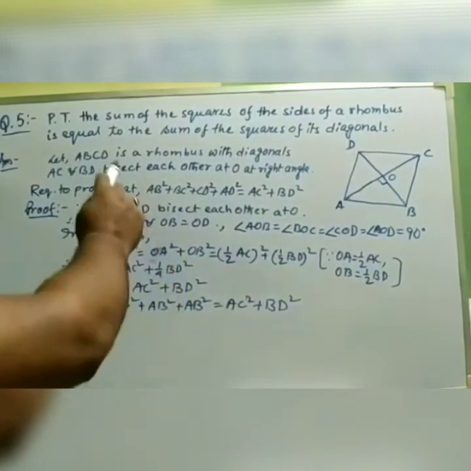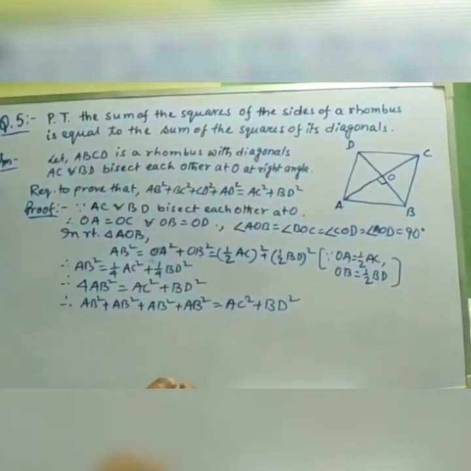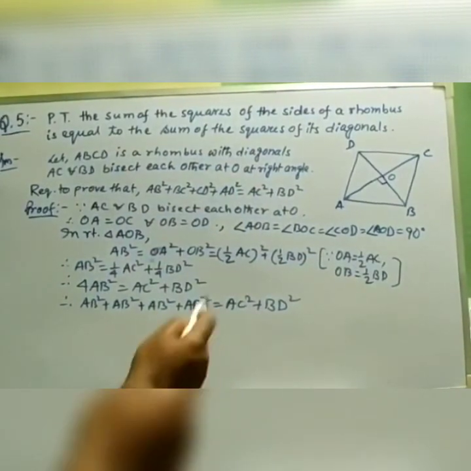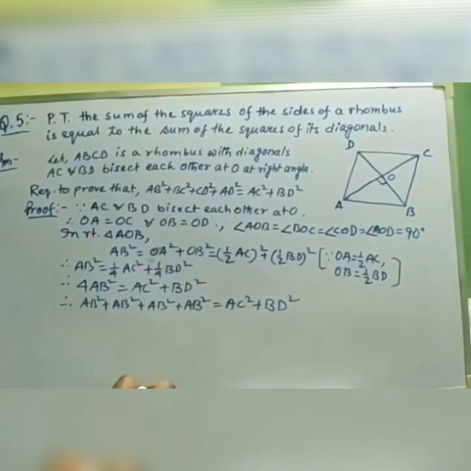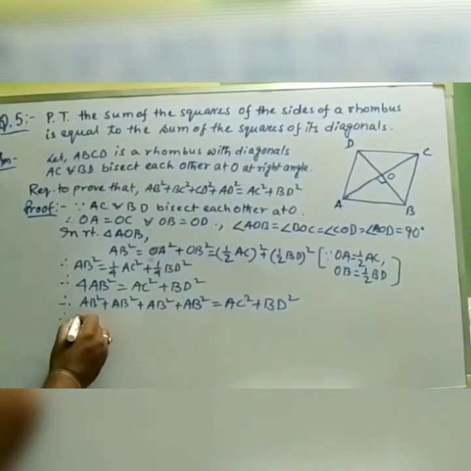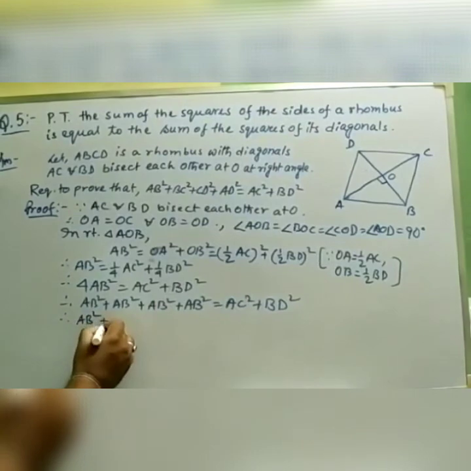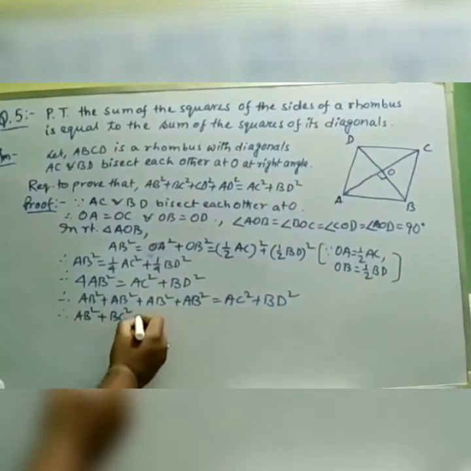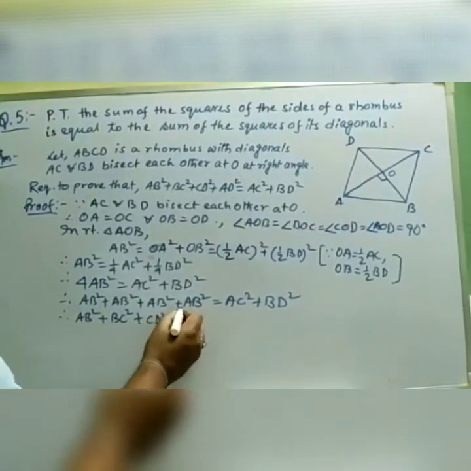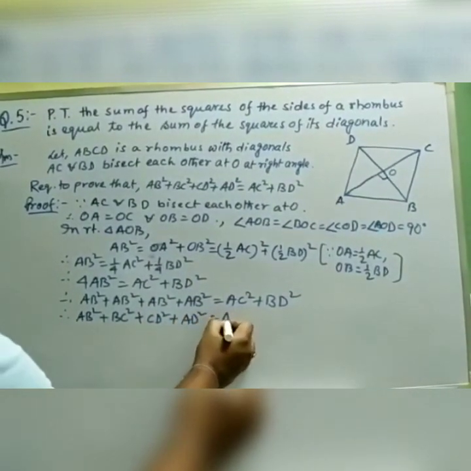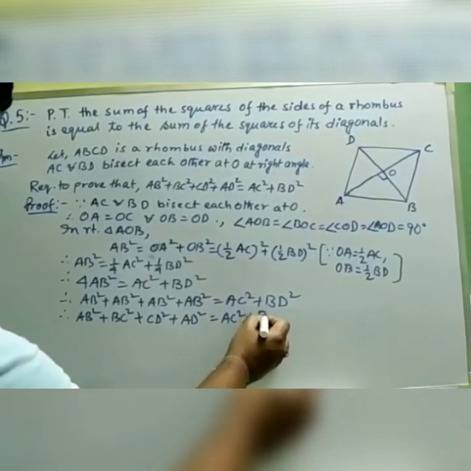Now as this is a rhombus, all 4 sides are equal. So AB equals BC equals CD equals AD. So AB can be replaced by that side. We can write AB square plus BC square, this AB can be CD, so CD square, and this AB can be AD, so AD square, equals whatever is the RHS.